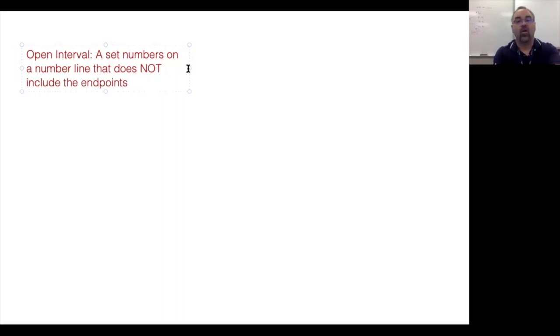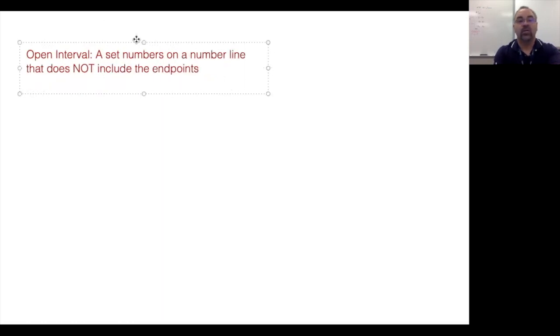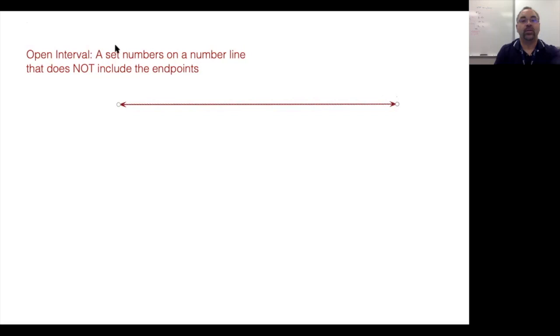So for our open interval, we are not talking about what happens at the endpoints of the interval. If you had an old school number line like this, and you were looking at what happens between, let's say, this point and this point up here. It should be open dots, right, from your old algebra days, because it does not include the endpoints.